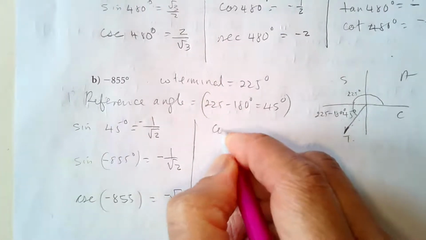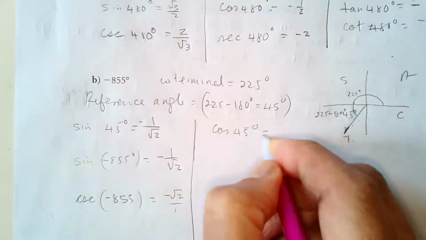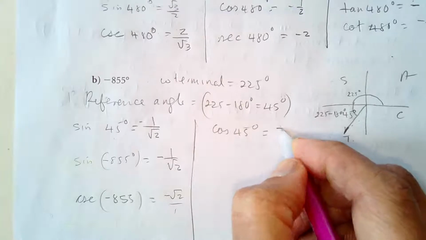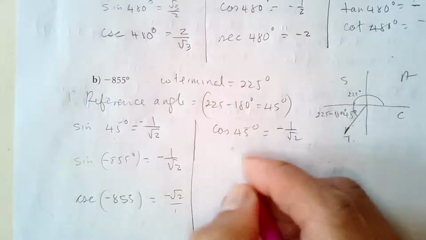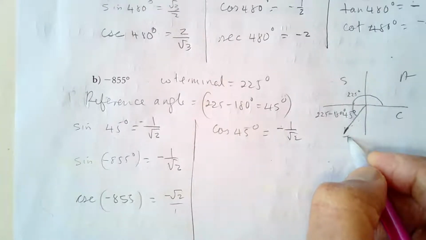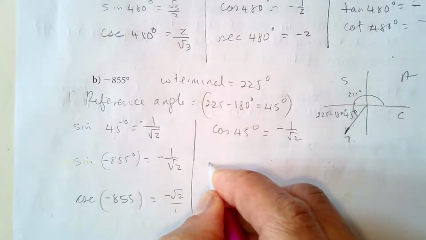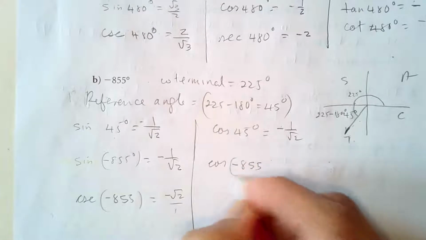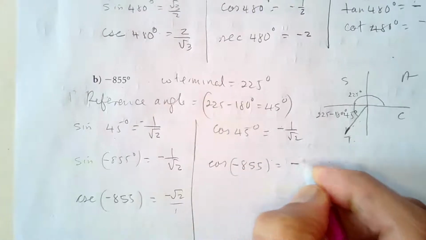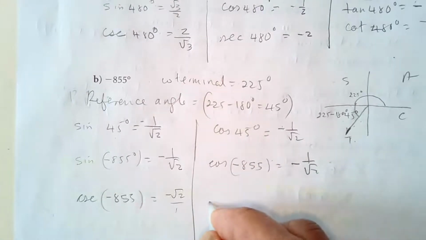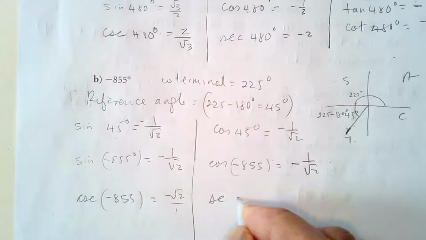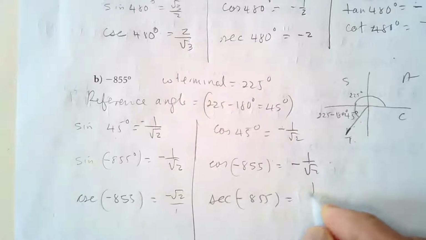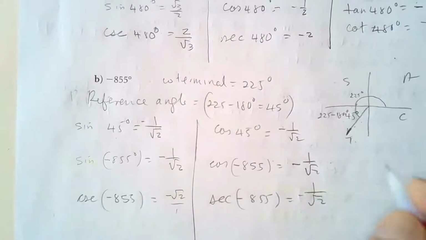Now, cos 45 degrees, which is the same as sine, will be negative 1 over root 2, because it is in quadrant 3. So we have cos negative 855 is equal to negative 1 over root 2, and secant negative 855 is equal to negative root 2.